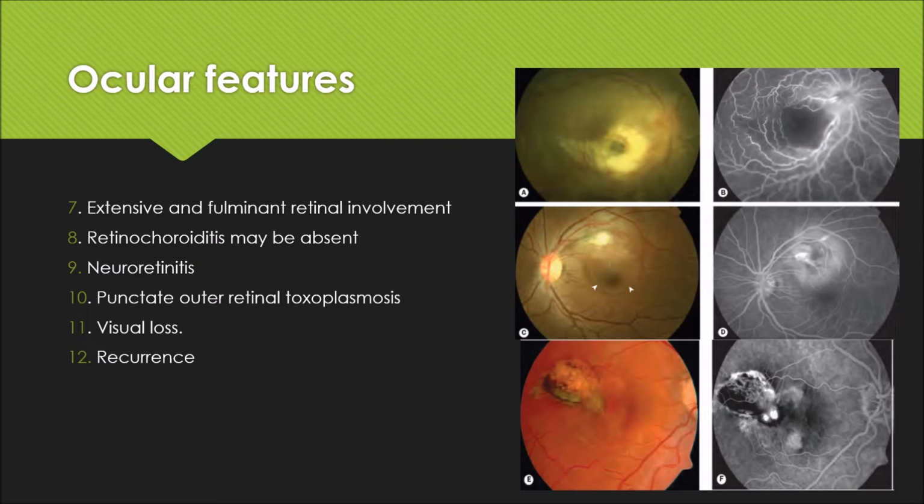Now, visual loss, causes of permanently reduced vision. Around 25% of eyes include macular inflammatory lesions, edema, optic nerve involvement, and vascular occlusion.